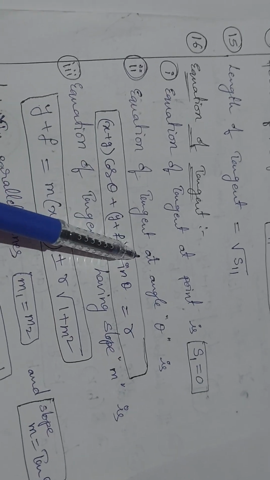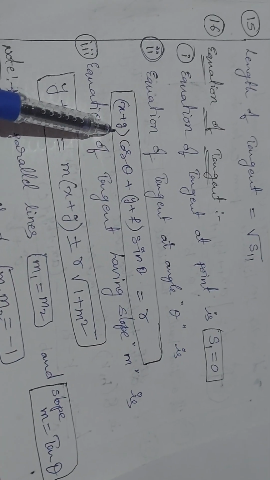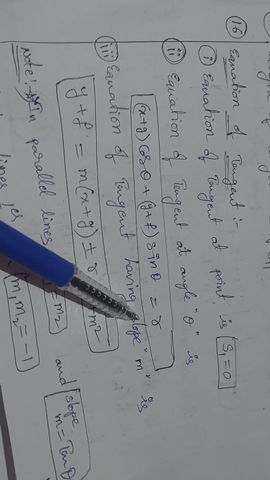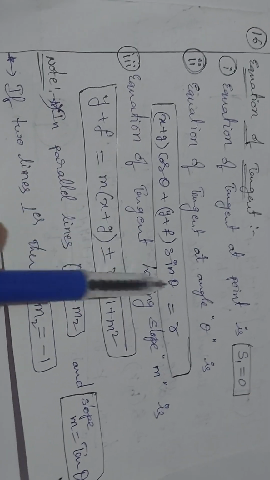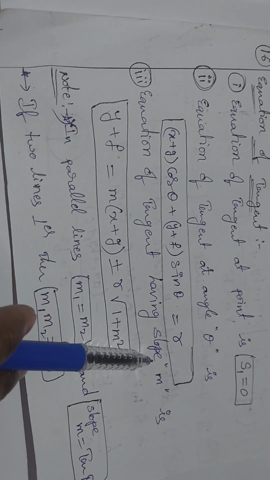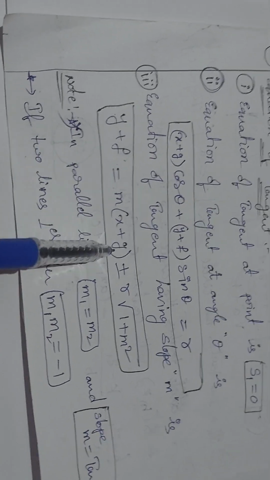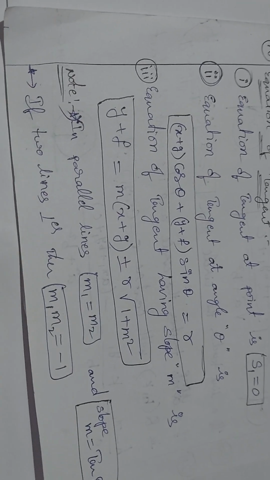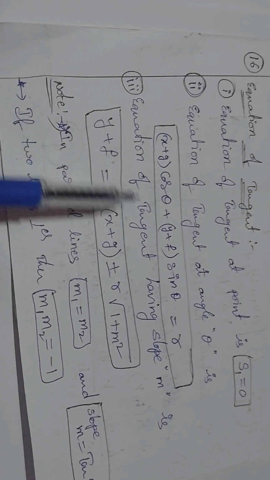The equation of the tangent with angle theta is (x plus g) cos theta plus (y plus f) sin theta equals r. Next, the equation of the tangent having slope m is y plus f equals m of (x plus g) plus or minus r under root 1 plus m square. Like the slope intercept formula in first year, y equals mx plus c, here c is r.